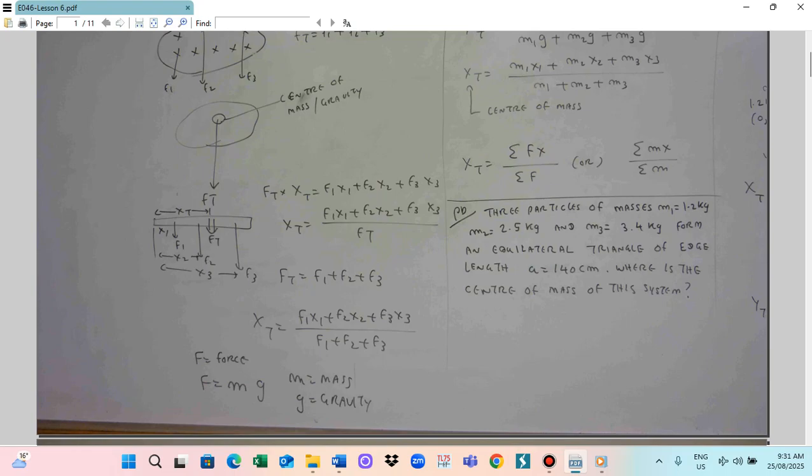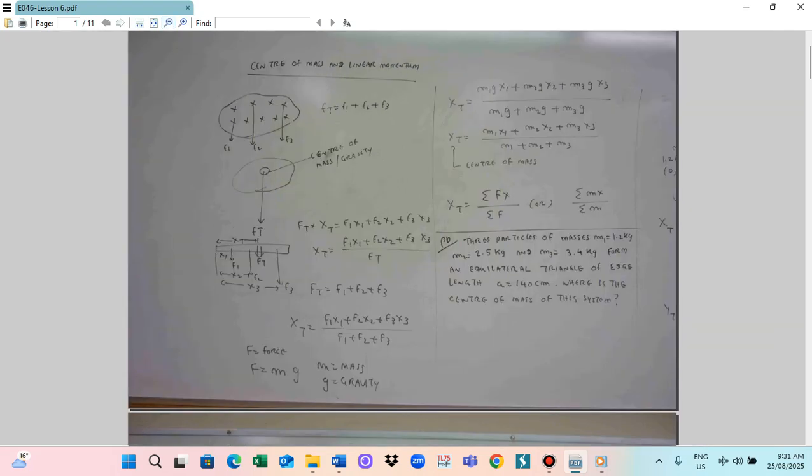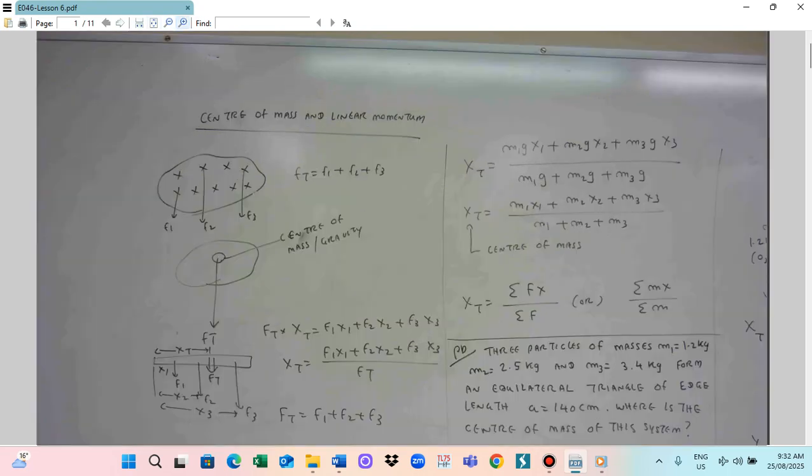In this case F1 is m1 g, F2 is m2 g, F3 is m3 g. So HT can be calculated as m1 g H1 plus m2 g H2 plus m3 g H3, divided by m1 g plus m2 g plus m3 g. The g is taken out, so HT can be calculated as m1 H1 plus m2 H2 plus m3 H3 divided by m1 plus m2 plus m3. This HT we also call the center of mass.